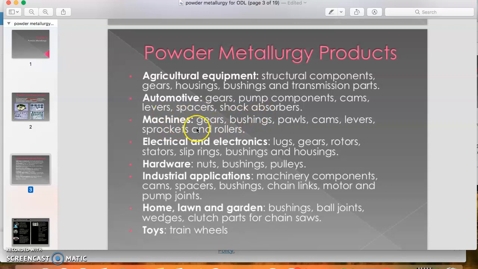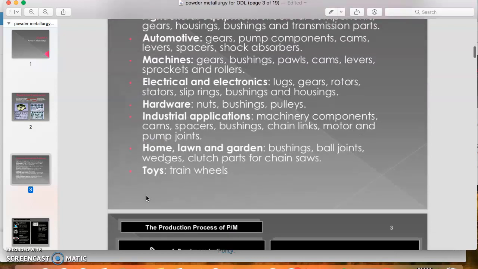For machine components such as gears and bushing, and they are also used in electrical and electronic components, hardware, and many industrial applications such as machinery components, cams, and others. Parts can be produced using powder metallurgy.